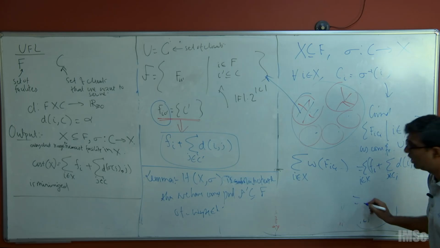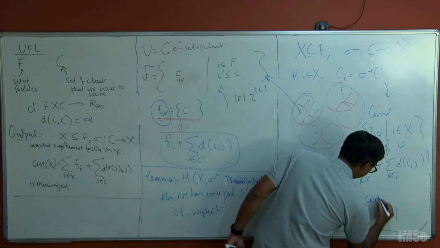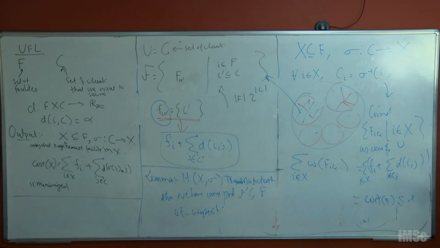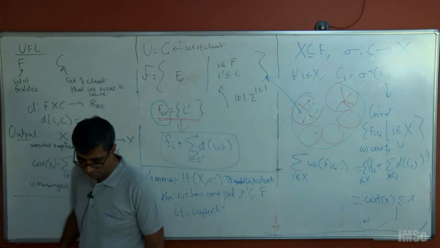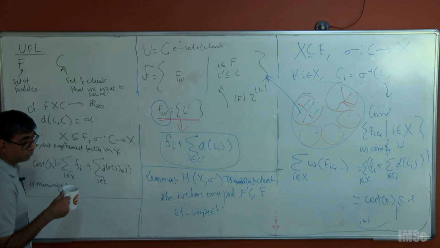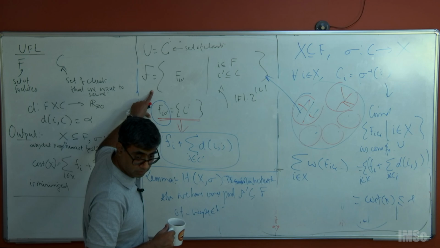But that is exactly equal to the cost of X, which is at most L. So this is done. This is the same as the cost of X, and this is the definition of the cost of X. So if you give me a solution here, I can give you a solution of the same cost here.